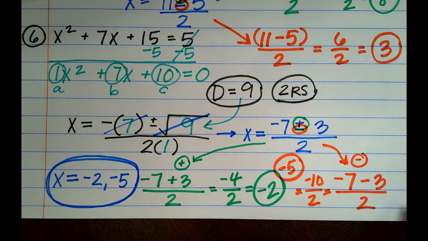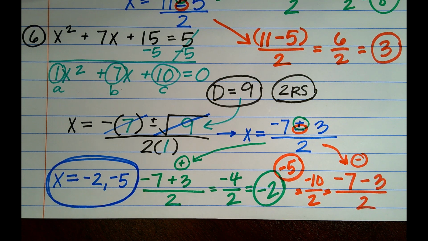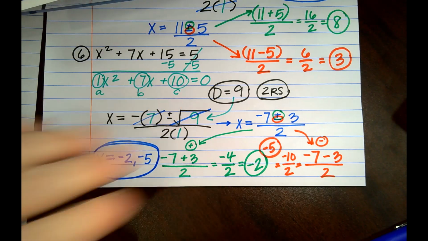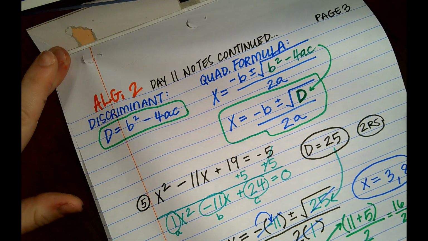Okay, so when we start off with a problem, do we have to break it down first, like separate the two sides, or can we find the discriminant first? So anytime you start with a new problem, let me start a new page real quick. If your equation is already equal to 0, you can just go ahead and get started.